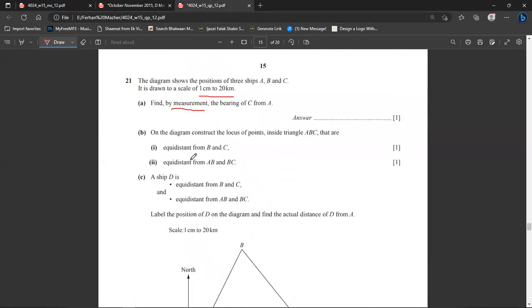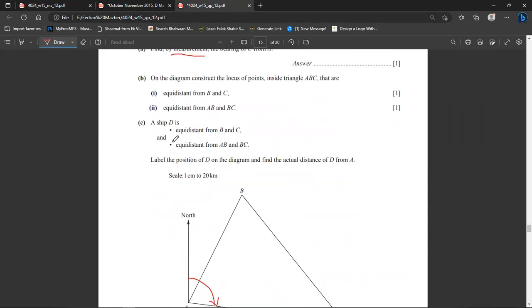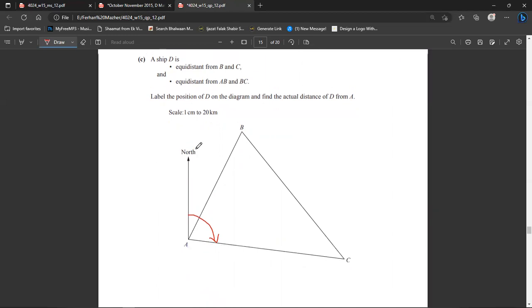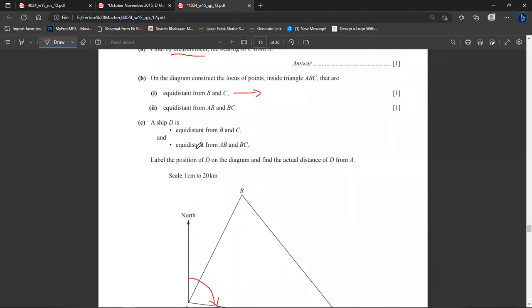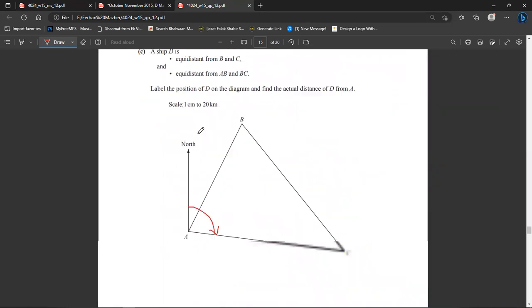Okay. Then their question is, on the diagram, construct the locus of the point inside the triangle ABC that are equidistant from B and C. This means draw the perpendicular bisector. Equidistant from B and C, you have to draw the perpendicular bisector of the BC line. Okay, so how you do this?